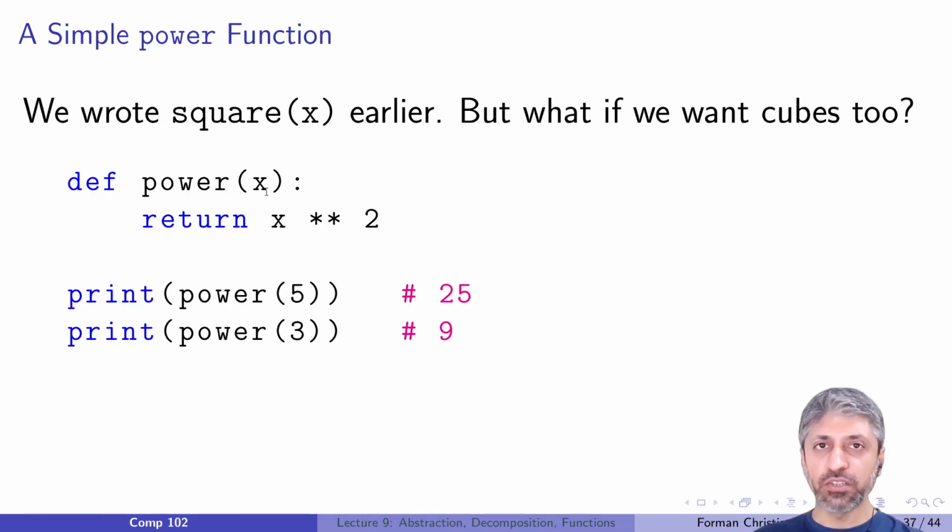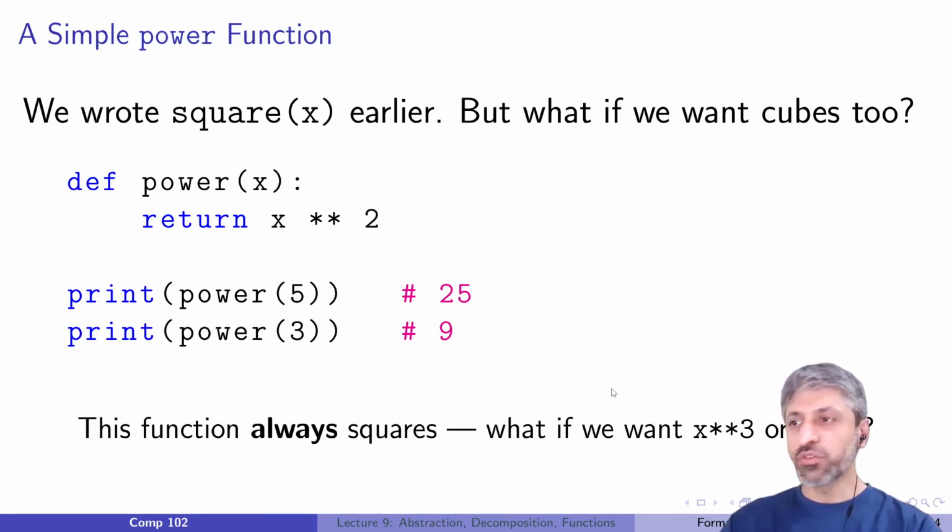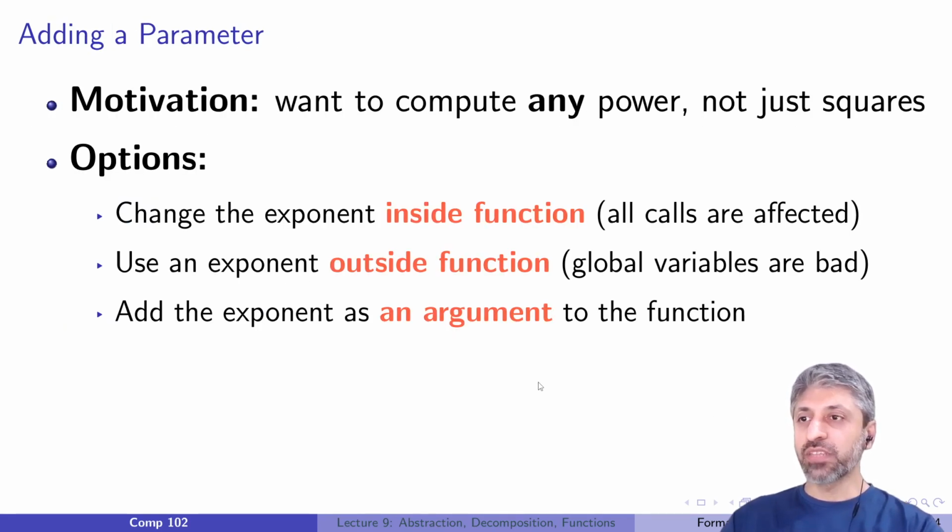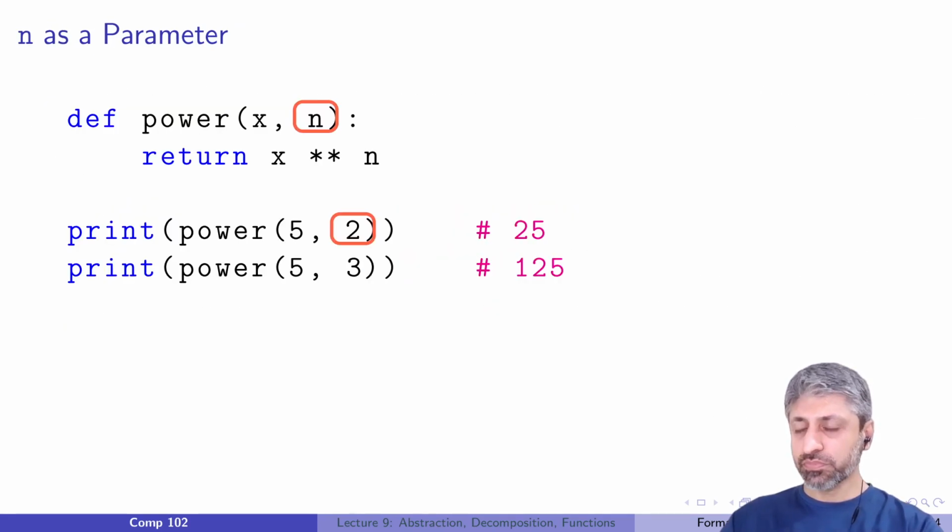It takes one single integer, squares the number, and then returns the value. So if you want to compute the power of 5, it's going to give you the square of 5, and the square of 3. But if you want any other power apart from square, then what do we do?